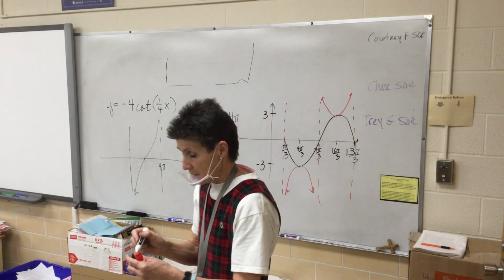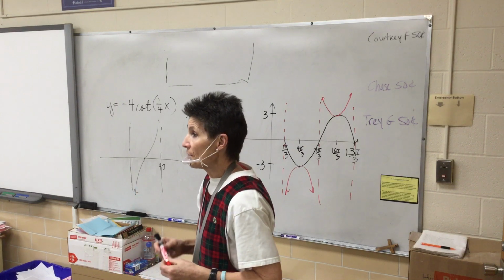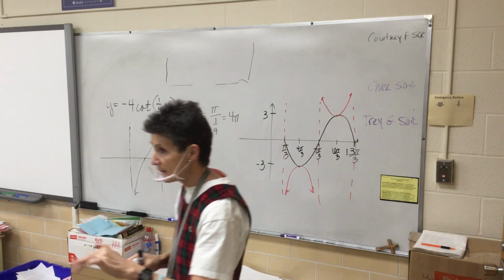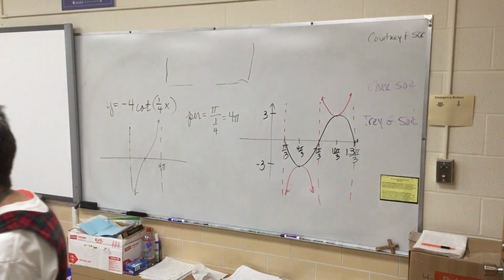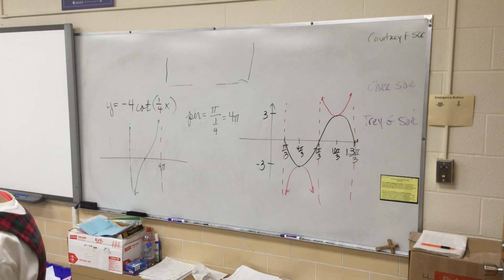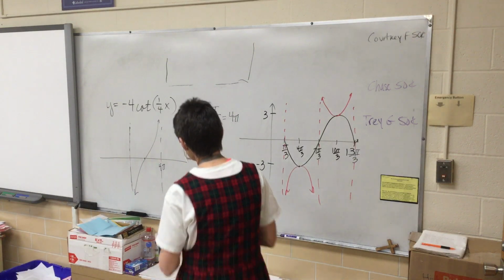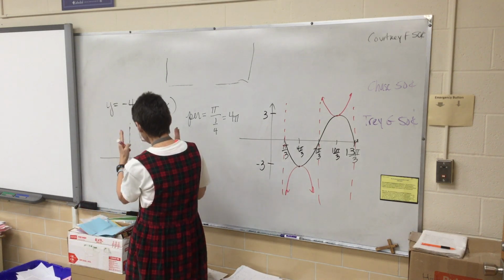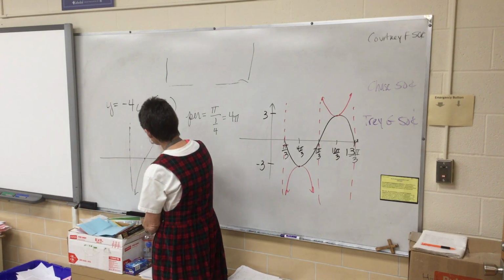Now, I never want you to think that a negative cotangent is the same as a tangent, because it's not. The asymptotes are in different places. The shape is the same, but the graph isn't the same. Because remember, tangent has asymptotes on either side of the origin. So we have our cotangent asymptotes, but we have a tangent shape.